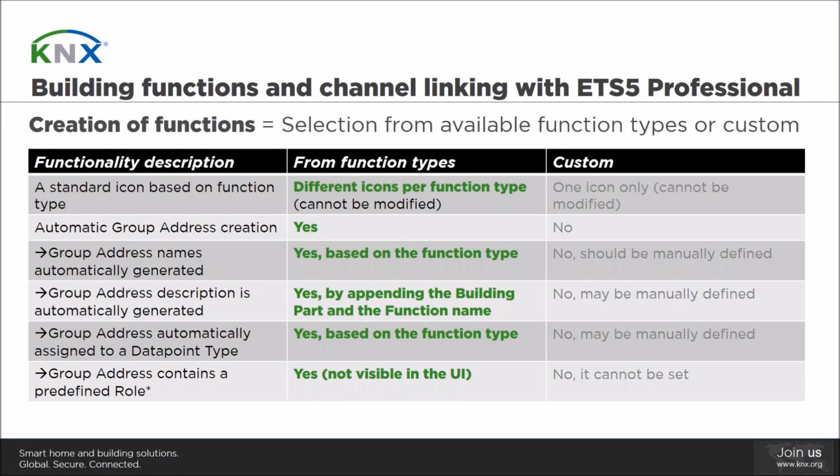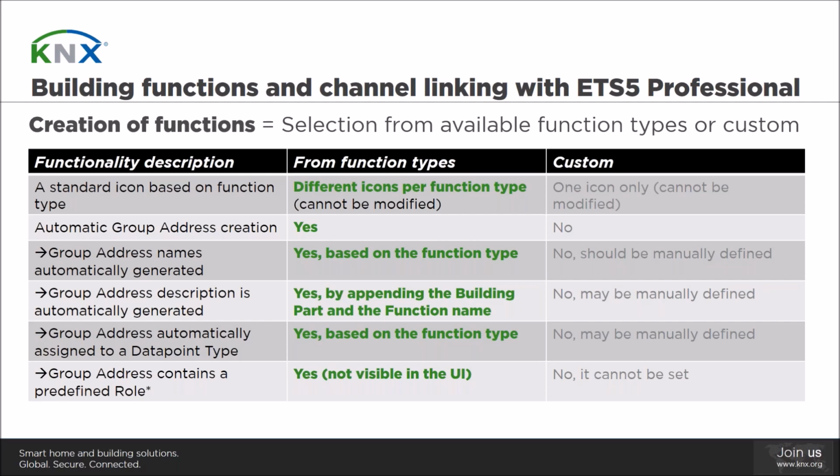To create a function, a user can choose either from the predefined functions that ETS Professional offers, or create custom ones. The benefits of choosing one of the standard functions can be seen here on this table. Let's quickly interpret or explain the table.